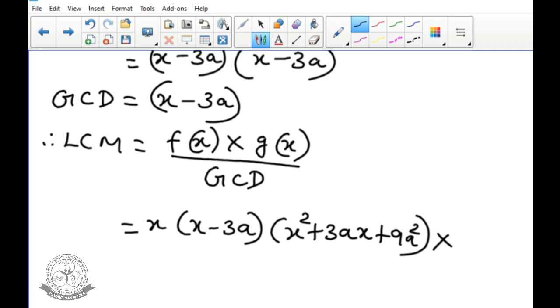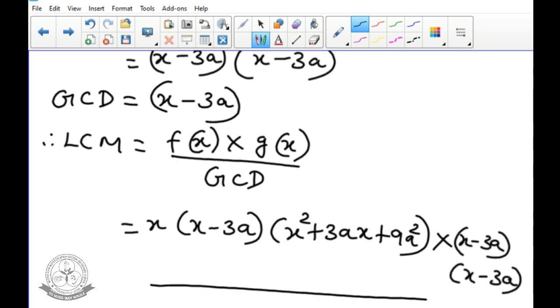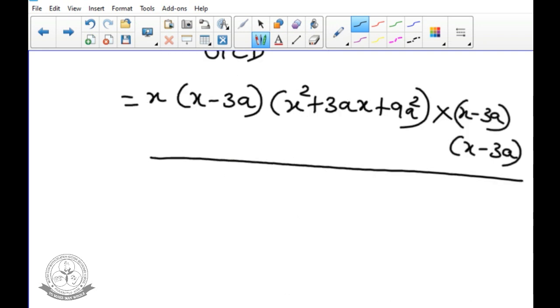Into g of x, which is x minus 3a into x minus 3a, by GCD. GCD is also x minus 3a. So x minus 3a will be cancelled. So the remaining is the answer.